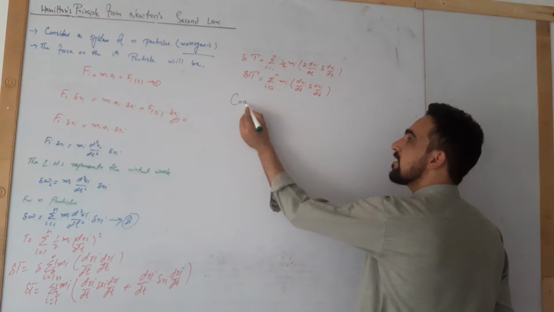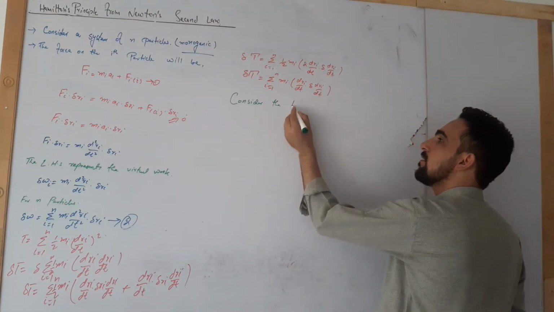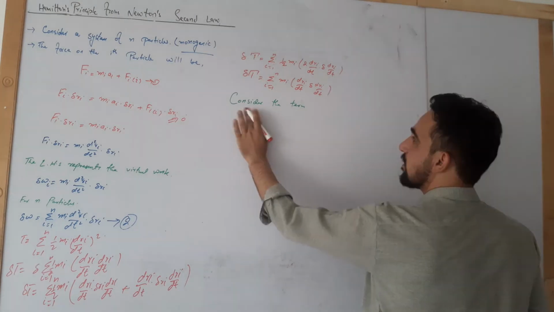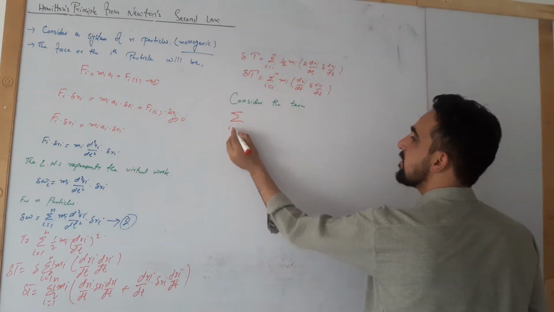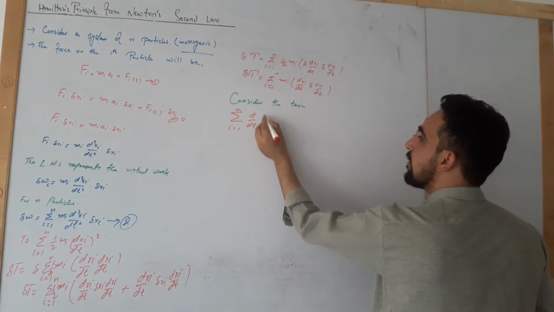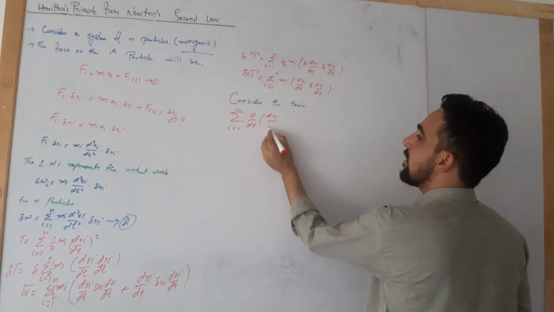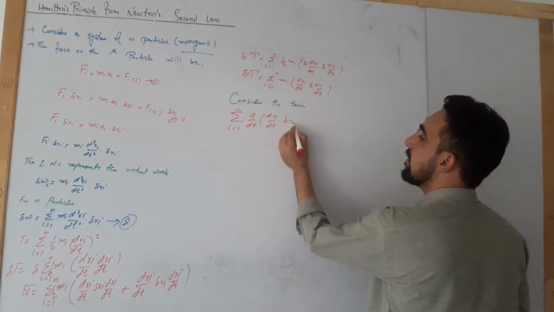Now consider the term summation i is equal to 1 up to n d by dt of dRi over dt dot del Ri.